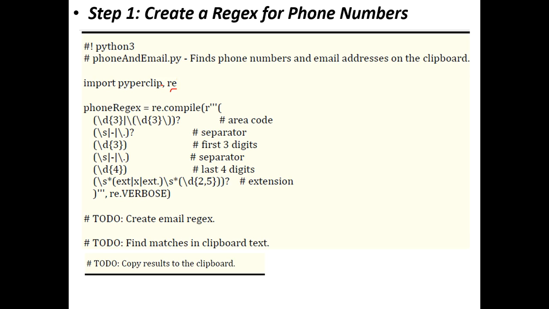Once we have imported these two modules, next we have to create a regular expression that matches a phone number. Here we are creating a regular expression. The phone number begins with an optional area code. When I say optional, we use a special character which is the question mark. So the area code group is followed by a question mark because it is optional.